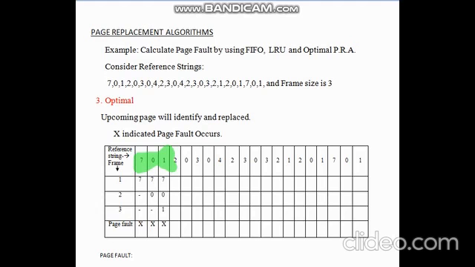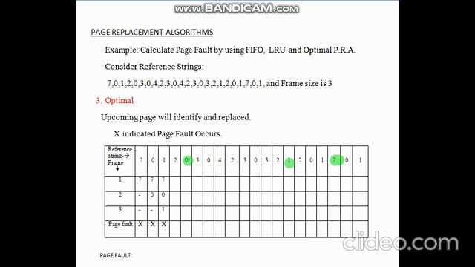In order to bring 2 from secondary memory to main memory, the page which is going to be used latest will be replaced. It means 7 is referred here, 0 is referred here, and 1 is referred here.